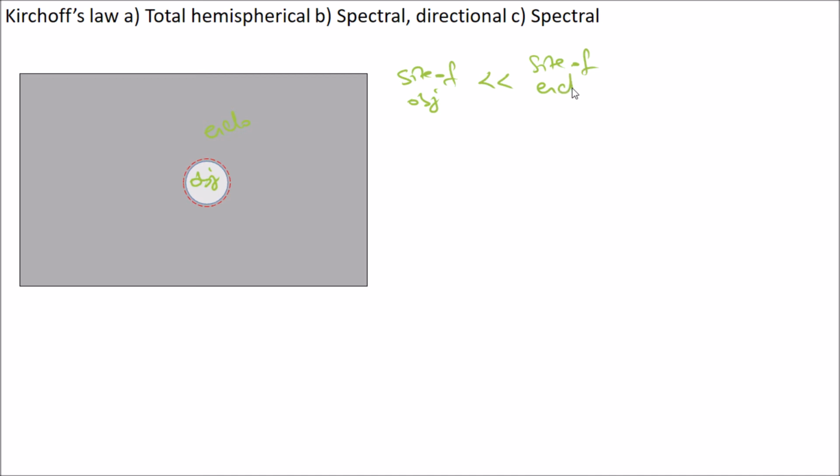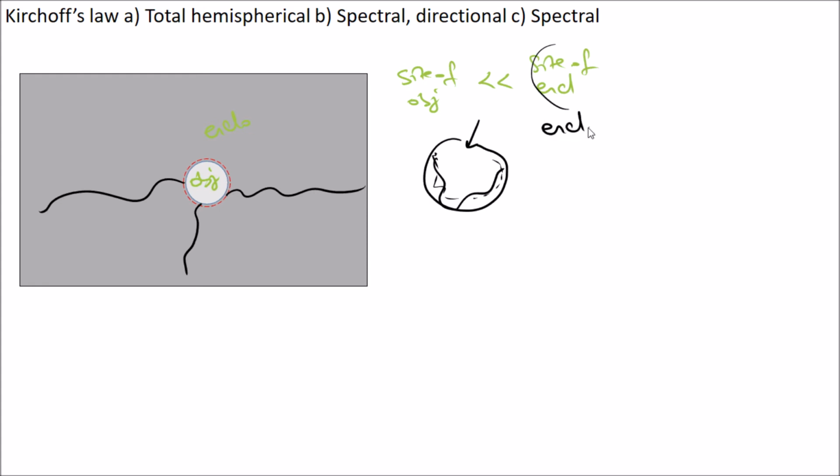In that case, since the object size is very small, whatever radiation is emitted from the object will become internal energy of the system after multiple reflections. It is very similar to a cavity, where incident radiation reflects and becomes internal energy of the system. Therefore, the enclosure becomes a black body.